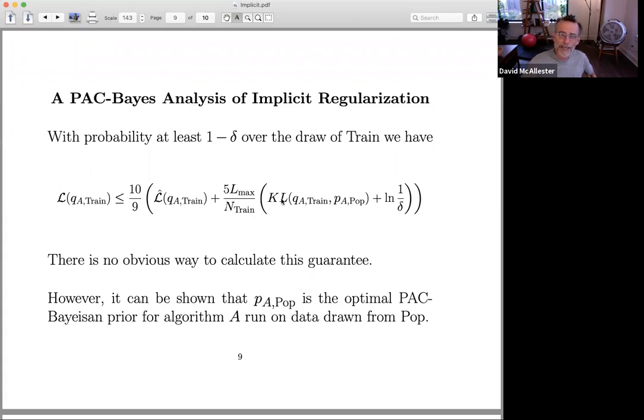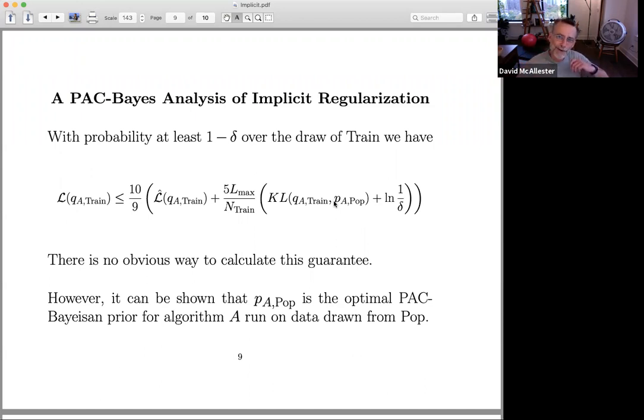And this just becomes the KL divergence from the learned distribution to the average distribution on the population. There's a fairly simple theorem that, given this algorithm that's returning these distributions, this is the prior that minimizes the expectation of this KL divergence over drawing training data. So in some sense, this is an optimal prior for this algorithm.